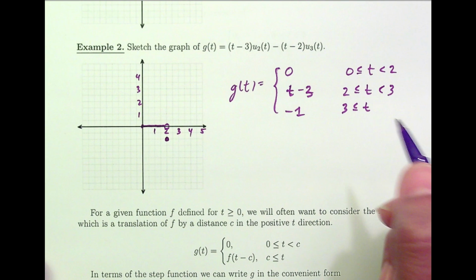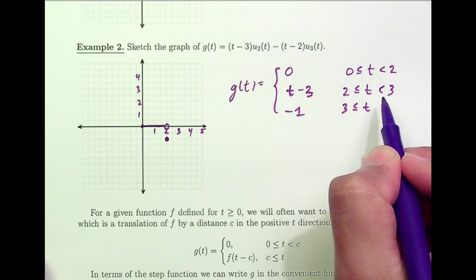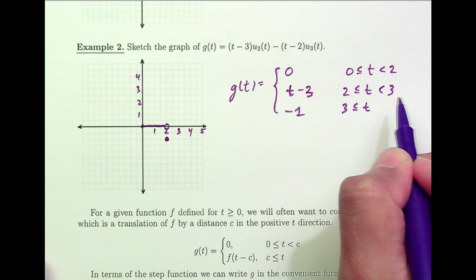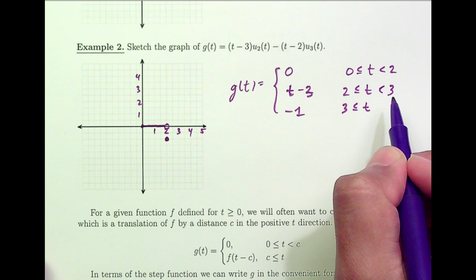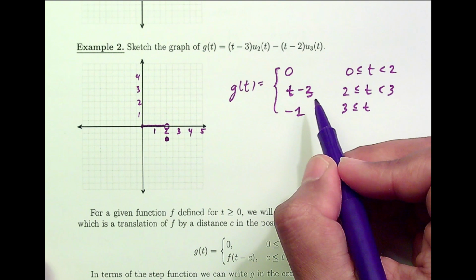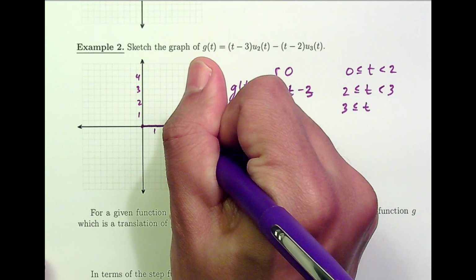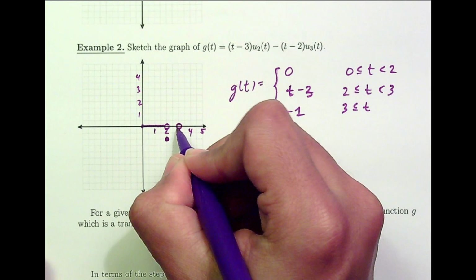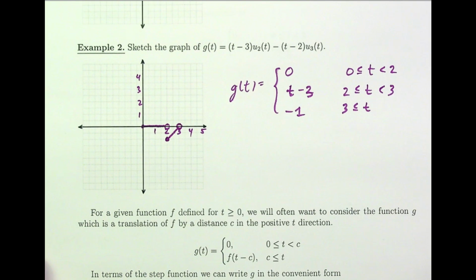Now, if I were to include the end of this, which I'm not going to include because it's not allowed, it would end right at 3. And when you plug in 3, 3 minus 3 is 0. So that means it would end right here. And we connect those. That's that piece.